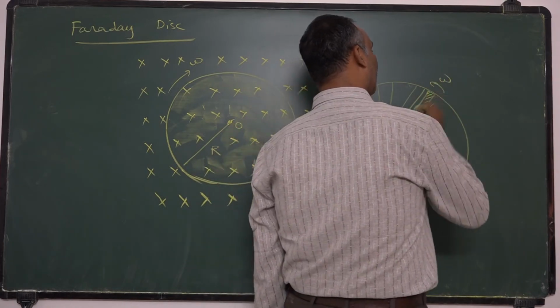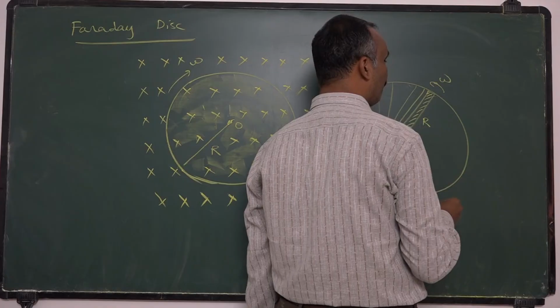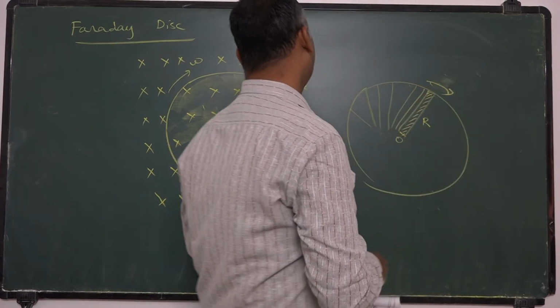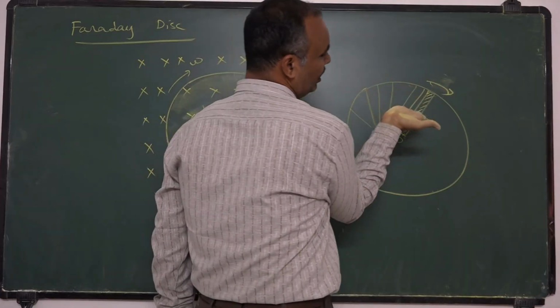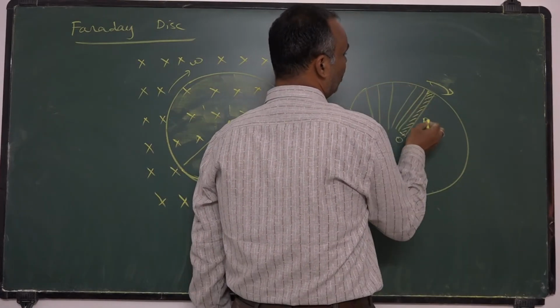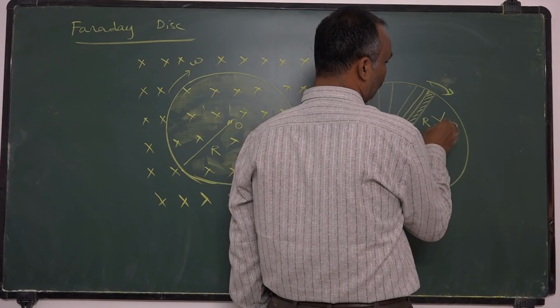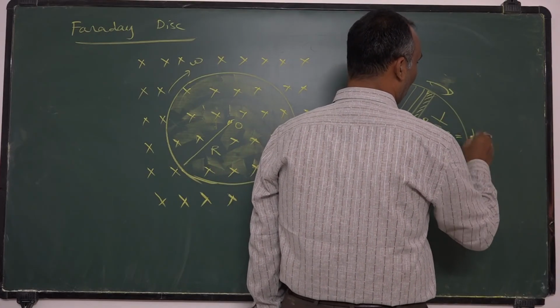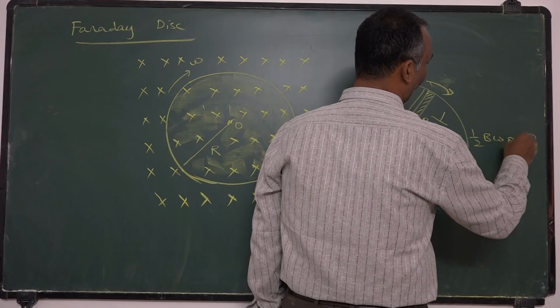The EMF developed across this rod is found as follows. The magnetic field is into the paper, and the velocity is like this. So it will have positive potential at the top and negative potential at the bottom, and the EMF developed is given by half B omega r square.